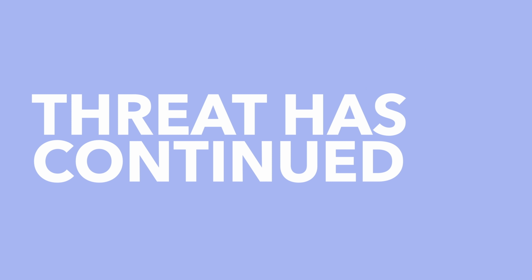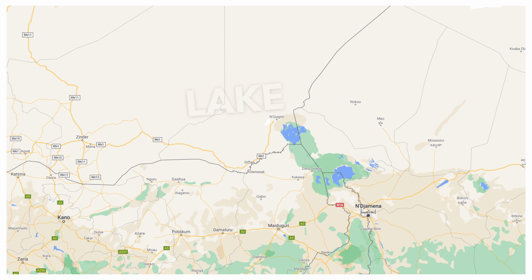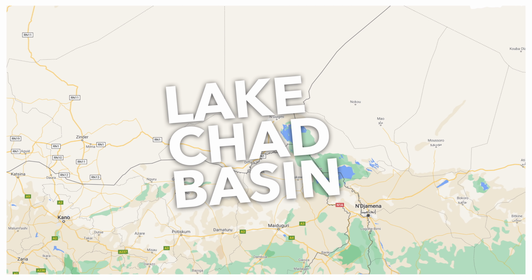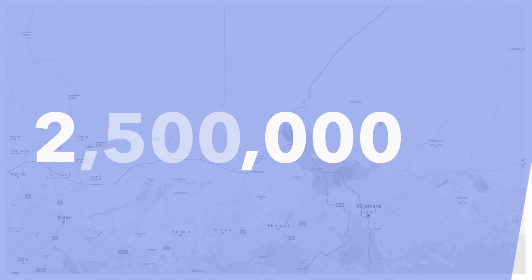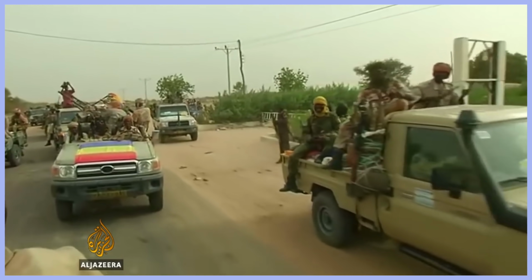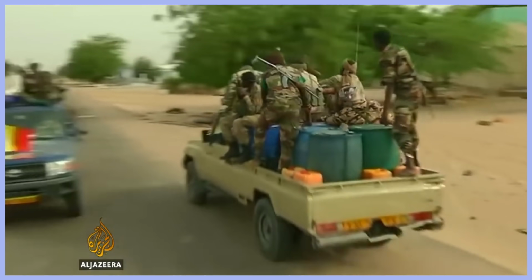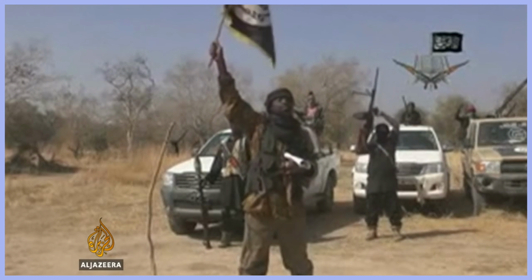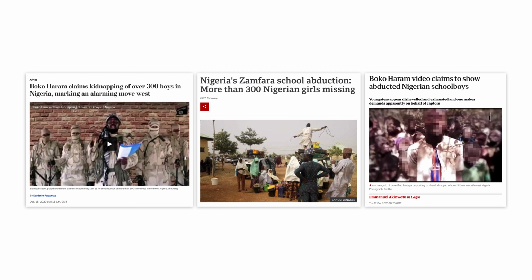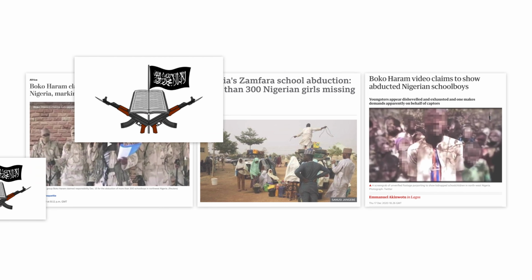Since then though, the threat has continued, with an estimated 2.5 million people displaced in the region, and 244,000 refugees fleeing the country altogether. In recent years, things have calmed slightly and international assistance increased, but many are still deeply concerned about their presence in the region, especially in the light of many recent kidnappings.